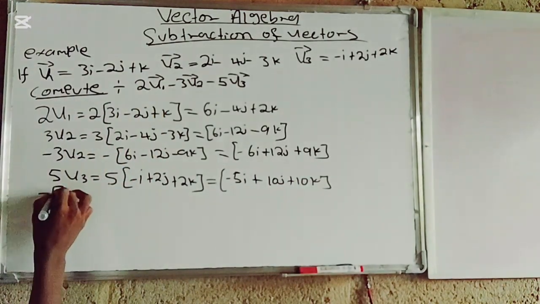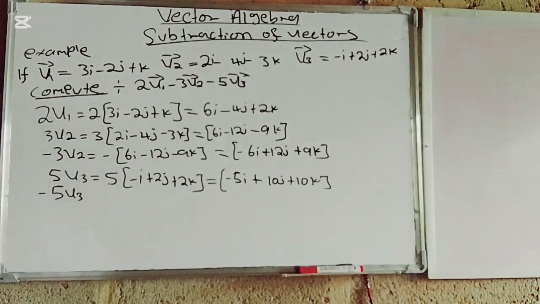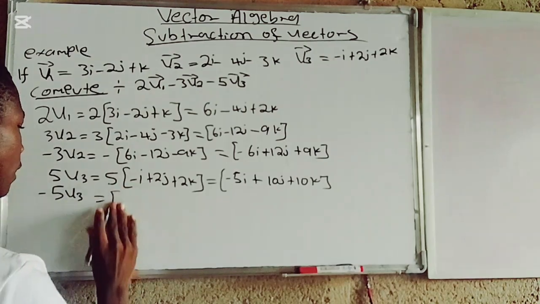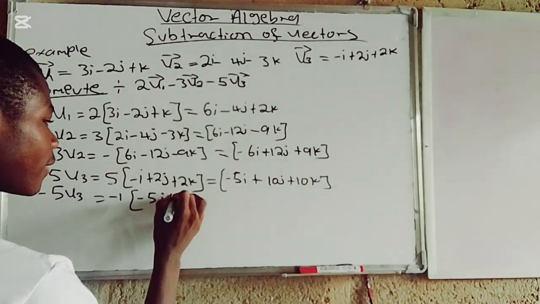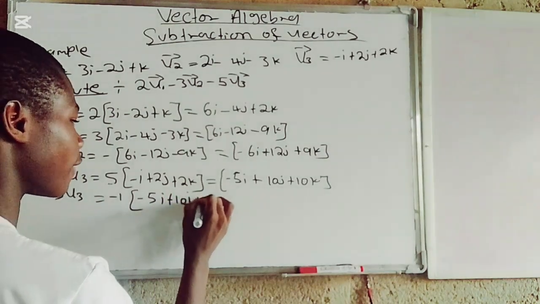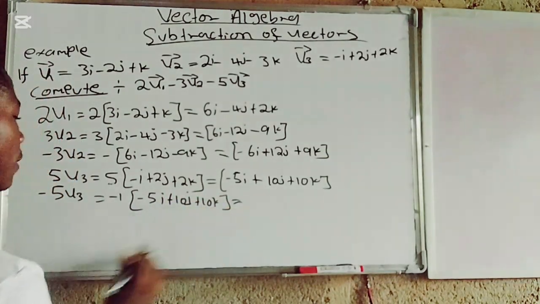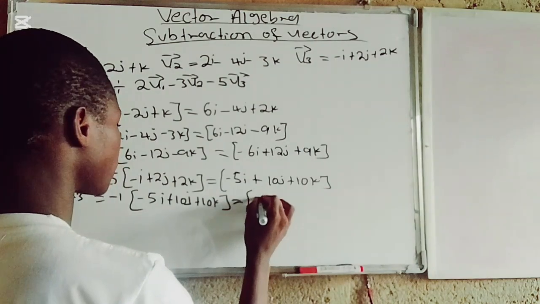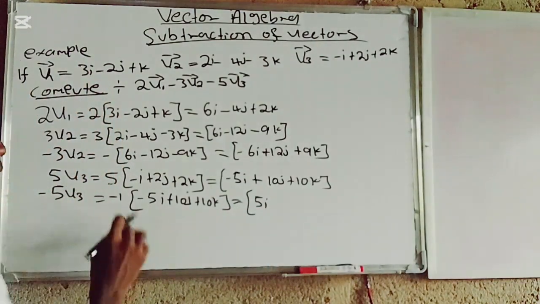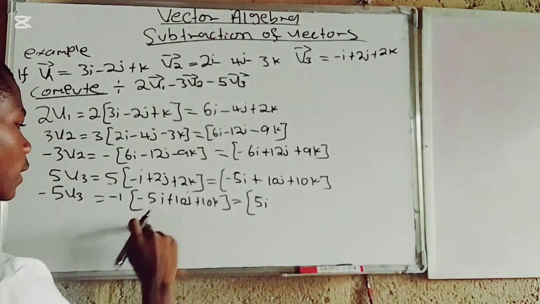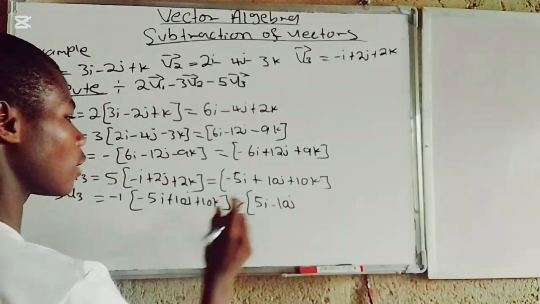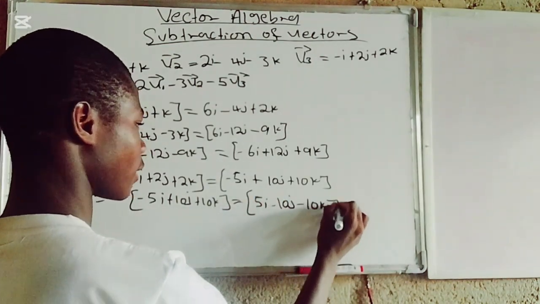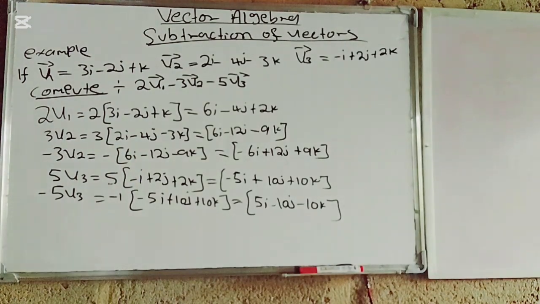So I have to find negative 5v3. This is the same thing as negative 1 of this, negative 5i plus 10j plus 10k, which gives positive 5i, negative 10j, and negative 10k. So you must have first done all this before starting your solution.